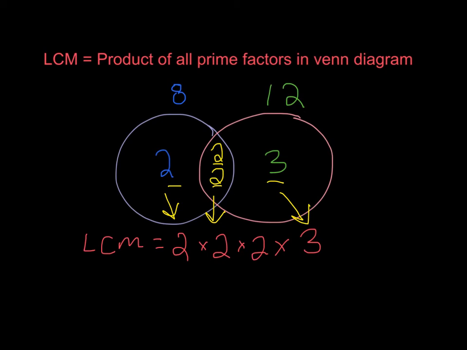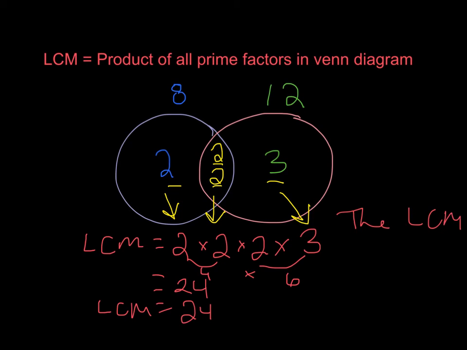And that is going to equal 2 times 2 is 4. 2 times 3 is 6. So 4 times 6 is 24. So our lowest common multiple equals 24. Or when you write it out, the LCM of 8 and 12 is 24.